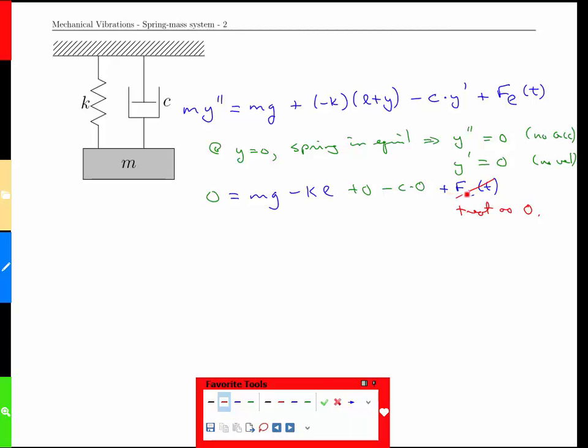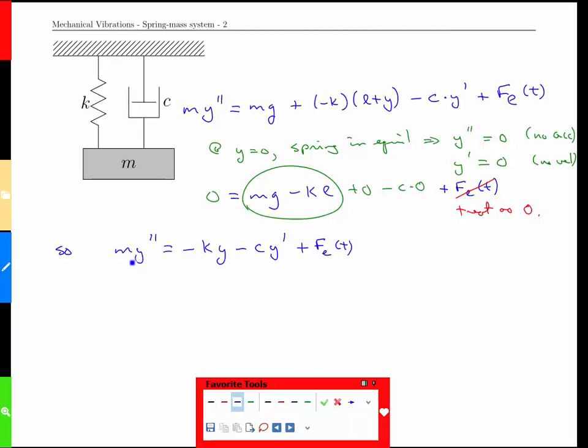We're interested in what's happening when there is no external force for now. And what that gives us is that mg minus kL is going to equal 0. Using that fact, we get m y double prime equals, the mg and the minus kL cancel, we end up with a simple minus ky minus cy prime plus F external.